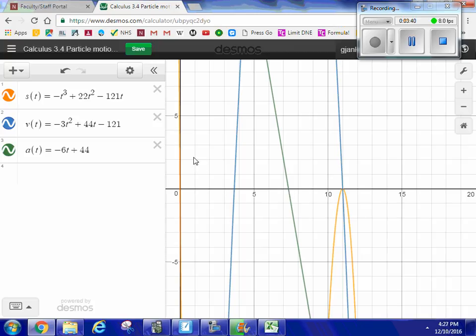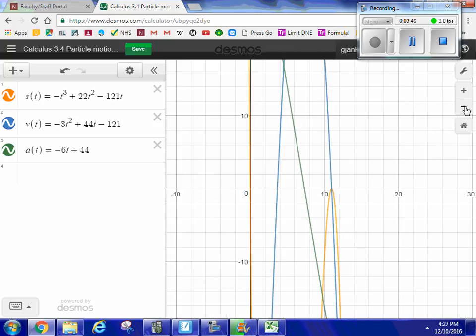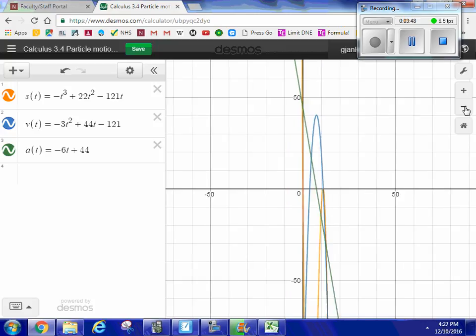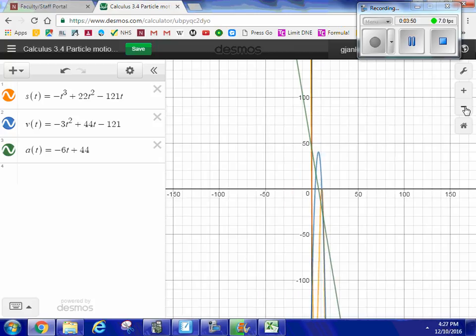So how am I going to set my y values so I can get a good look at this graph? Well, I'm going to zoom out until I can see places where these graphs turn around. It looks like this quadratic graph turns around at about 40.